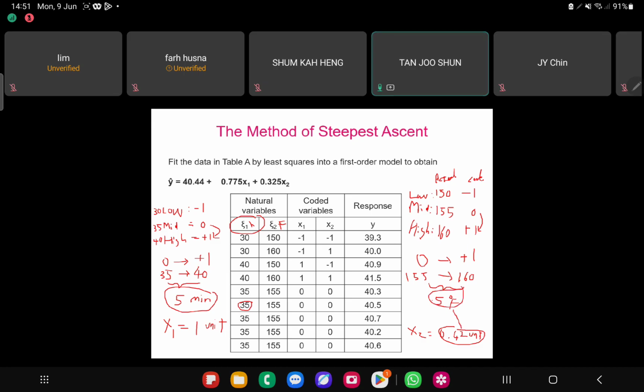So 0.42 units will be 2.1 Fahrenheit. Okay. Sorry, it should come here. 0.42 units for factor 2 will be 2.1 Fahrenheit because 5 is 1 unit.